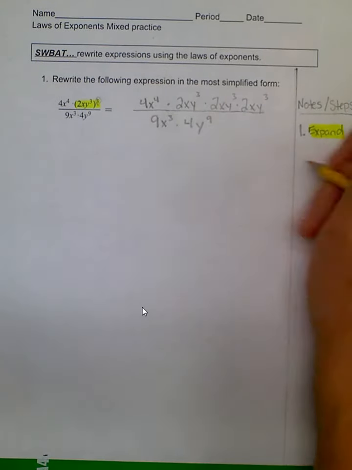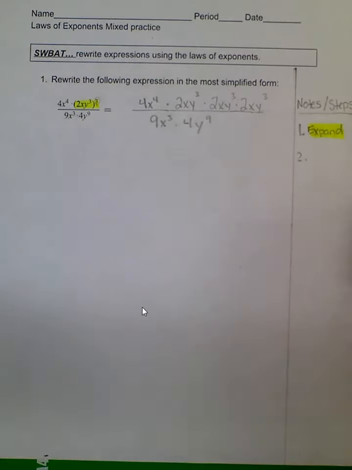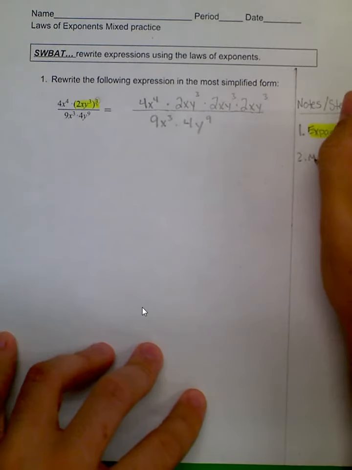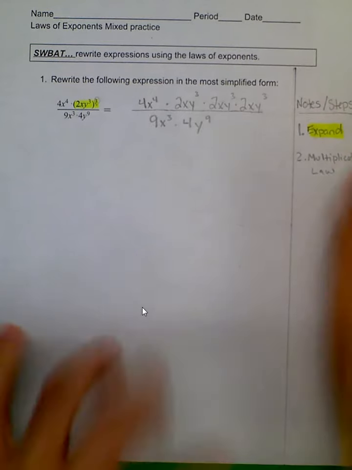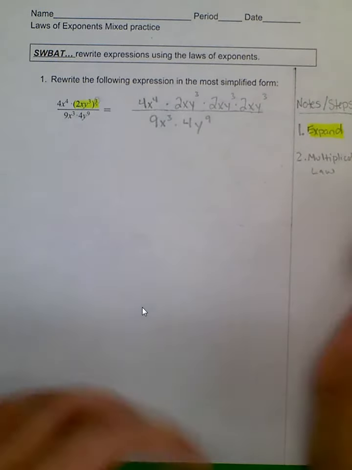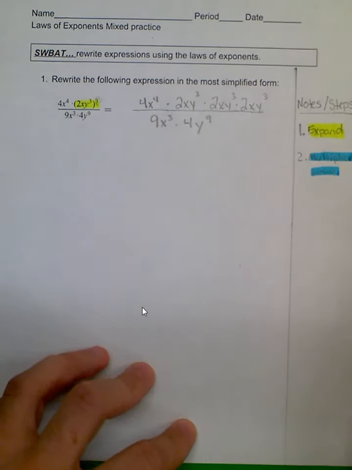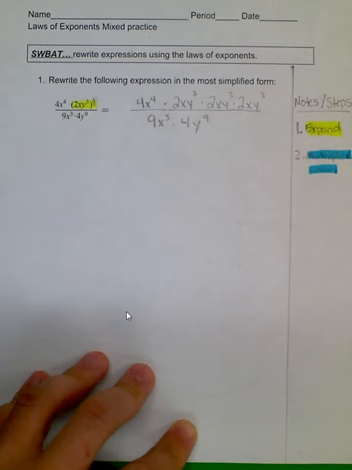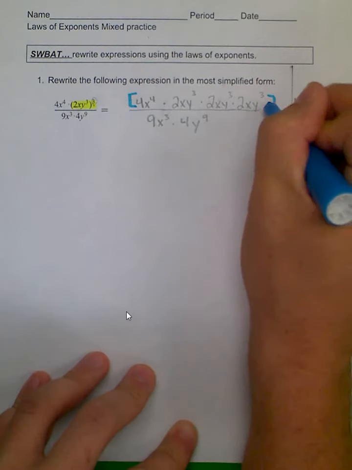Okay. And my next step in these longer problems is to use the multiplication law. So we're going to use the multiplication law, and where I'm going to do that is anywhere where I am multiplying exponential expressions. So if I look at my problem here, I see on top a lot of multiplying exponential expressions.